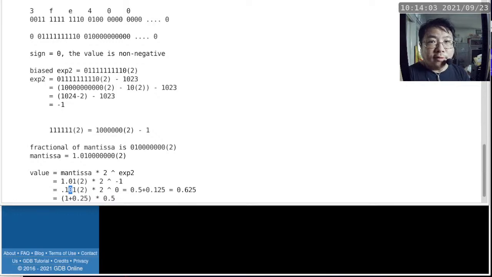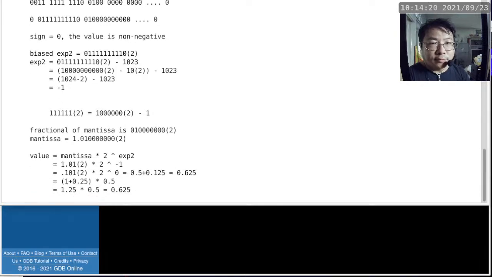We don't have anything for 2 to the power of -2, and then we have 1 of 2 to the power of -3, which is the 0.125. So when you add up the 0.5 and the 0.125, we get 0.625. So that's the alternative way to get to 0.625. There are a few ways to do it. Whichever way you want to use is fine.